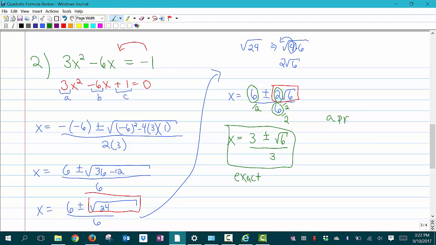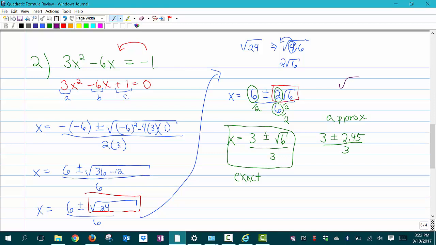If I wish to find the approximation rounded to the nearest 2 decimal places, then I will figure out what is the square root of 6 in my calculator. I find that that answer is approximately 2.45 rounded to the nearest 2 decimal places. So 3 plus or minus 2.45 divided by 3 will be how I will find my approximations.